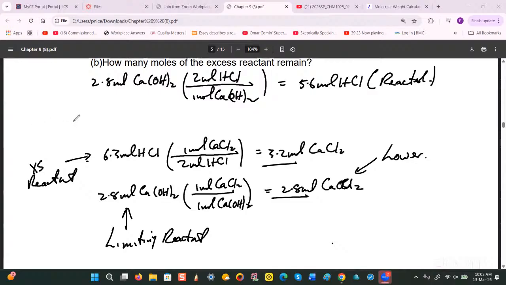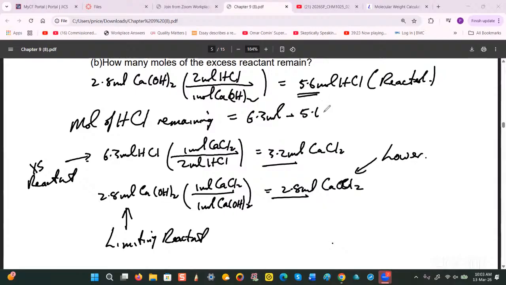So moles of HCl remaining would be equal to the original amount, 6.3 moles, minus 5.6 moles, which is 0.7 moles of HCl remaining. And that's how you would do that. All right? Any questions about this one? Any questions out there in Zoom?